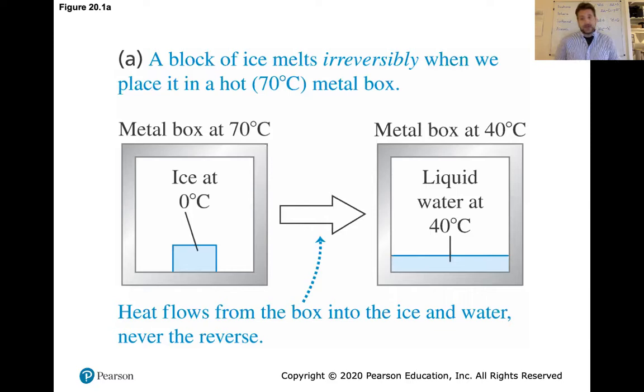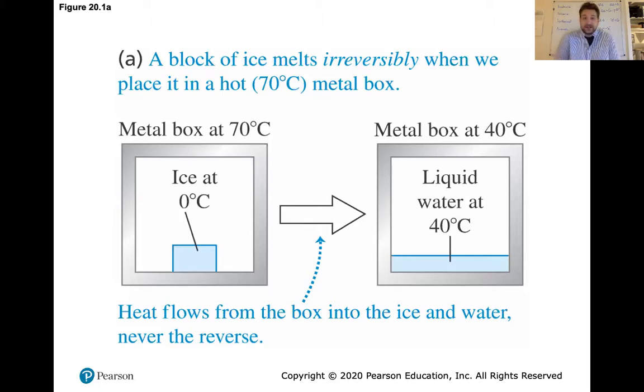This never happens backwards. We can't start with a metal box and water at 40 degrees Celsius and then put it on the table and watch, without doing anything, as the liquid water cools down and freezes while the metal box heats up.